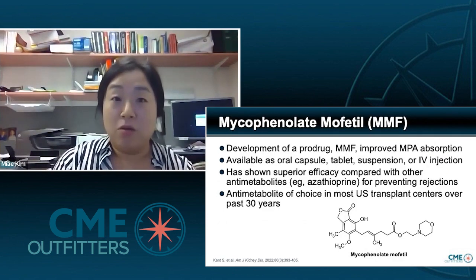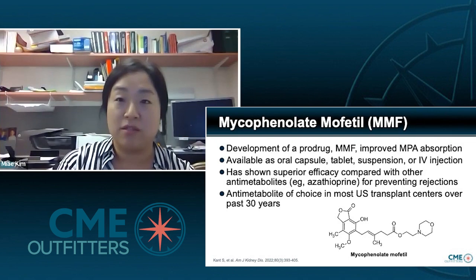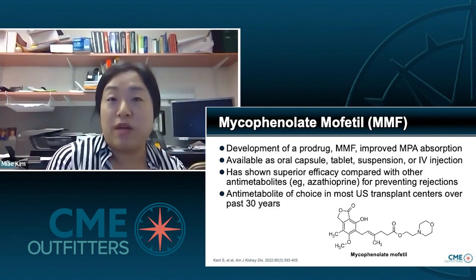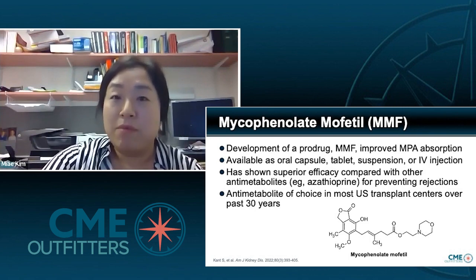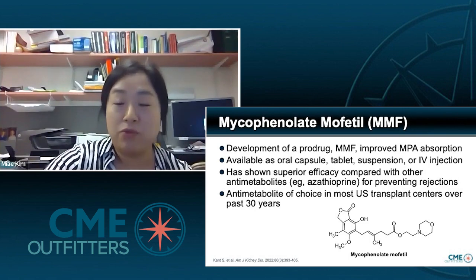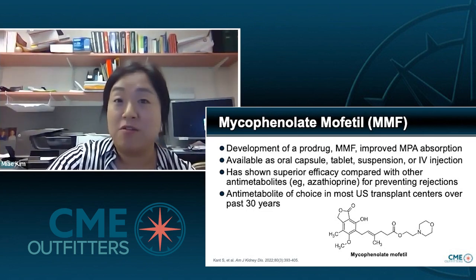It had not been commercialized until a novel mofetil ester prodrug, mycophenolate mofetil or MMF, was developed, which has improved absorption. MMF is available as an oral capsule, tablet, suspension, or IV injection.